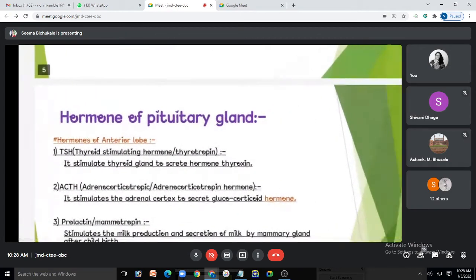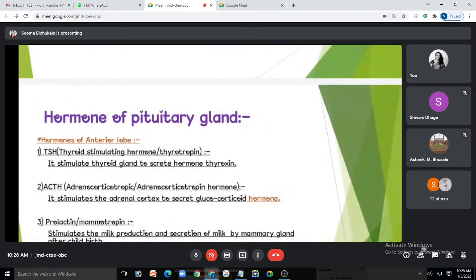After that, we will see the hormones of the pituitary gland. Firstly, we see the hormones of the anterior lobe. The anterior lobe mainly produces 6 hormones. First is TSH, thyroid stimulating hormone, also called thyrotropin.